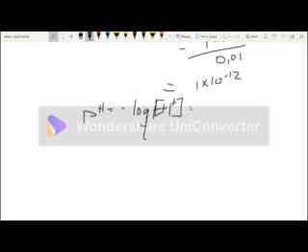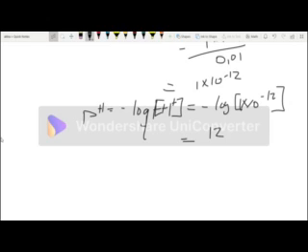If we say that is the pH, then this is going to be negative log of 1 times 10 to the negative 12. How much do we get there? We get 12 as our pH. So the pH of that is 12.